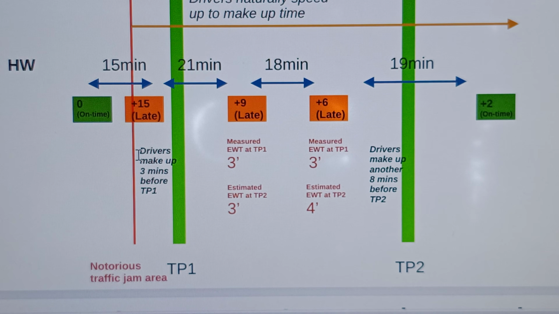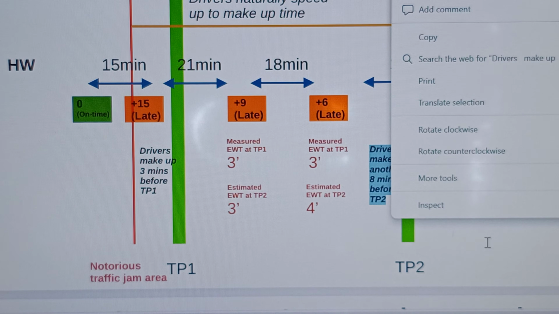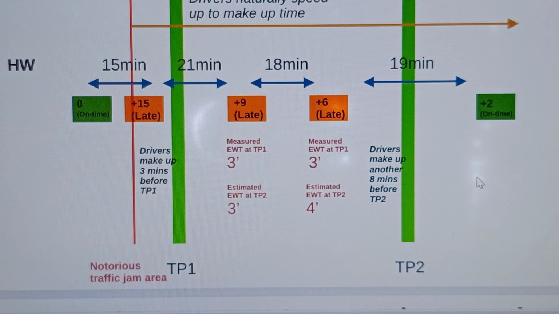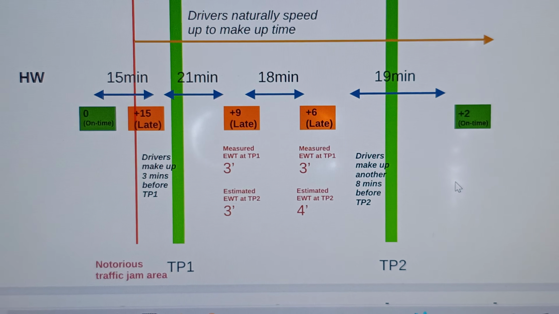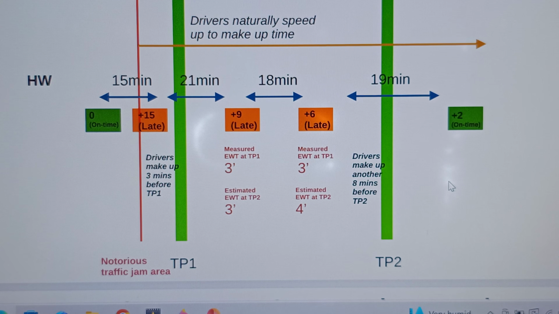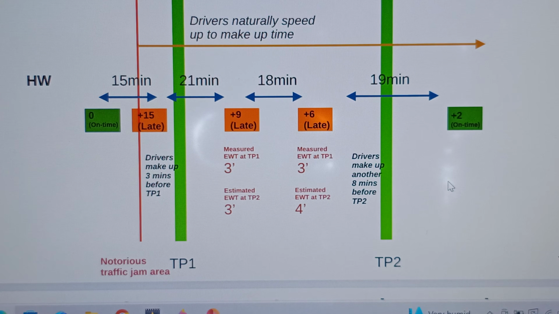I would just tell you that drivers make up 3 minutes before this. Drivers make up another 8 minutes before this. Based on this diagram, actually I should zoom out a little bit, in the comment section, tell me what it's trying to show.